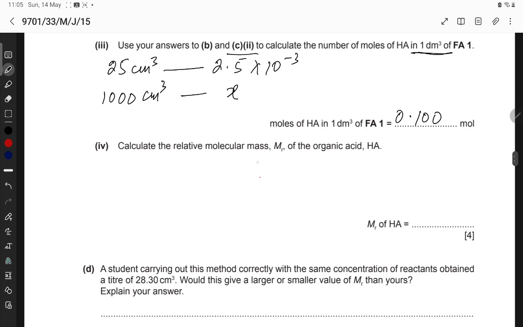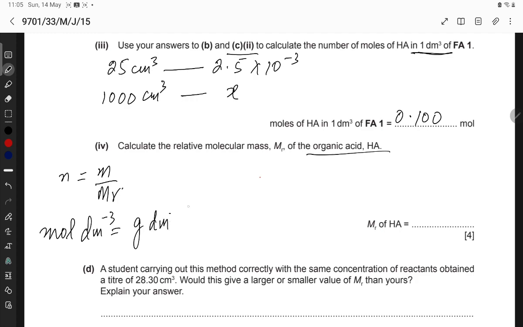Now calculate the relative molecular mass Mr of the organic acid HA. We know that number of moles is equal to mass over Mr. So mol dm⁻³ is equal to g dm⁻³ divided by Mr. We have the concentration of acid in grams per dm³.